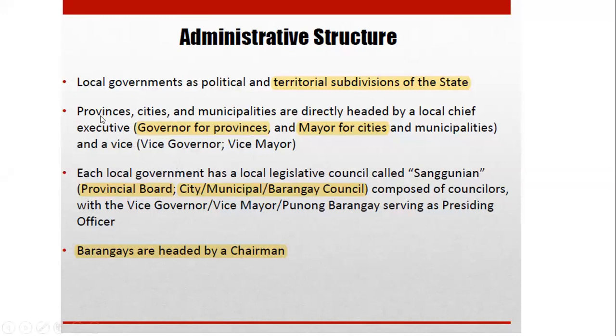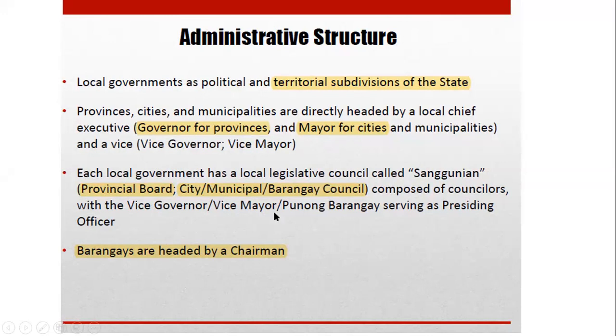Now, a province is governed by the governor. Cities and municipalities are governed by the mayor. And the barangays are governed by the barangay chairman, or sometimes we call it barangay captain. Okay, so these are the executive aspect of the government.